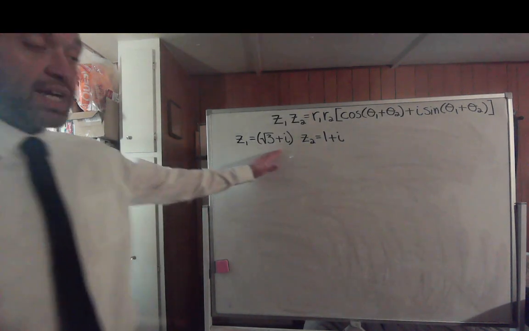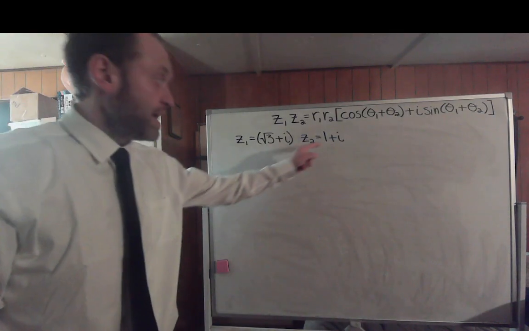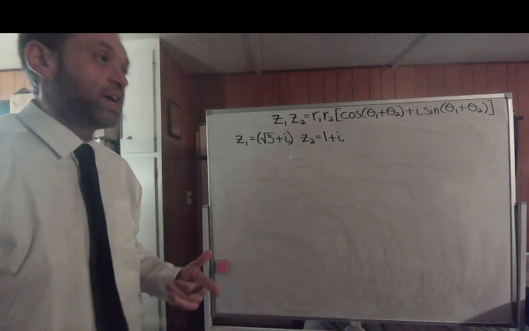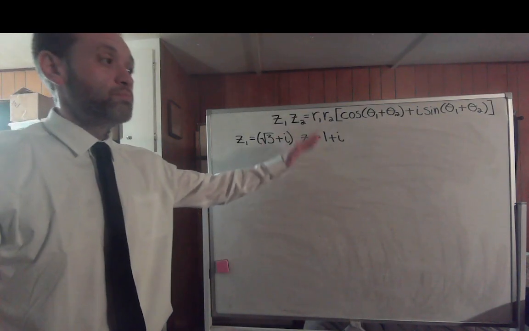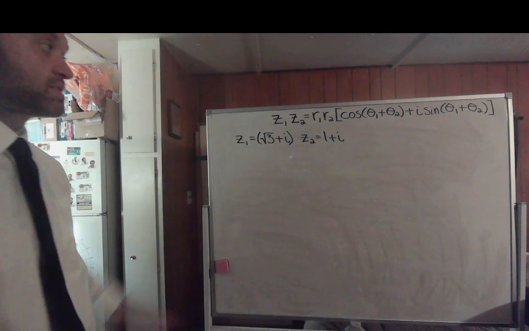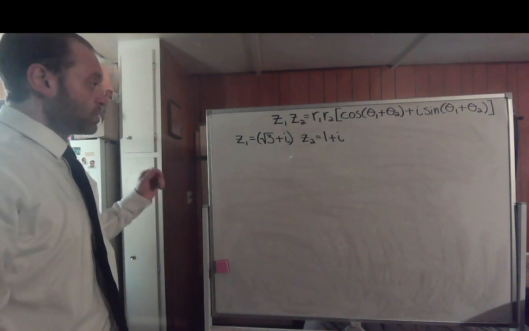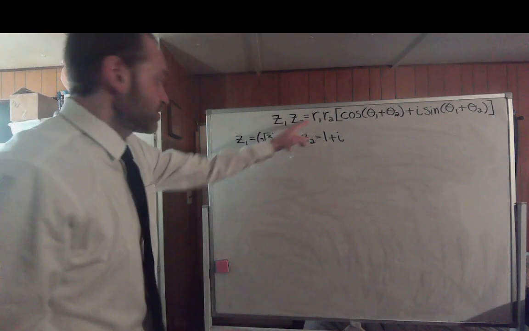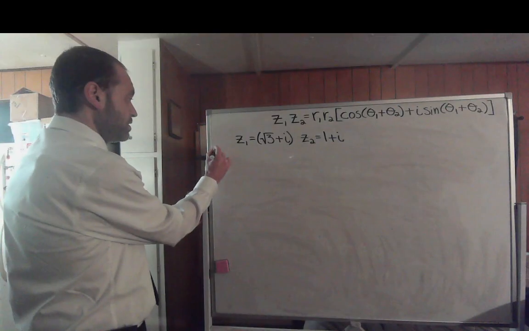Well, in both cases, the good news is both your a's and b's are positive, which means you're going to have first quadrant angles in this case. So let's go ahead and figure out our r sub 1 from our z sub 1.